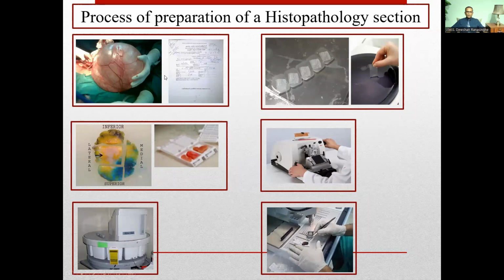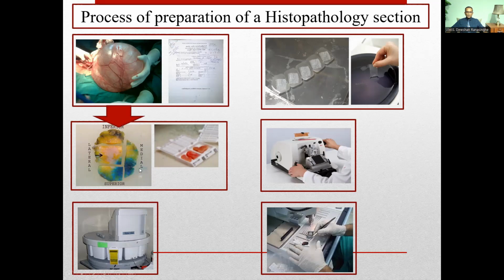The infiltration rate of formalin, or 10% formal saline, is 1 millimeter per hour. So it takes a significant time for formalin to reach all the cells and fix them.